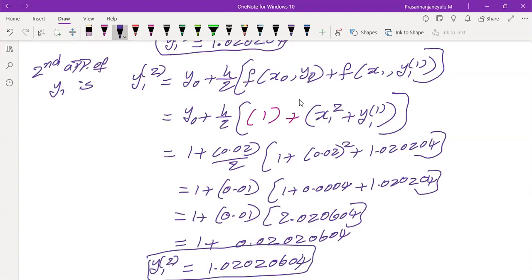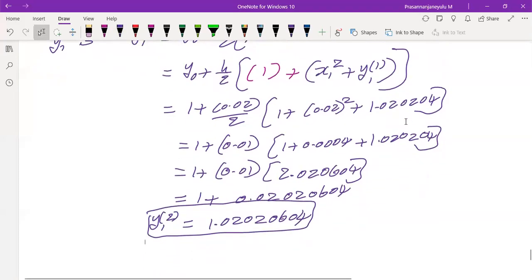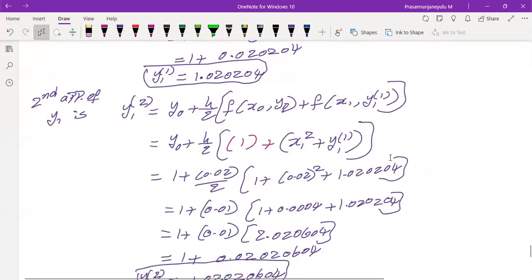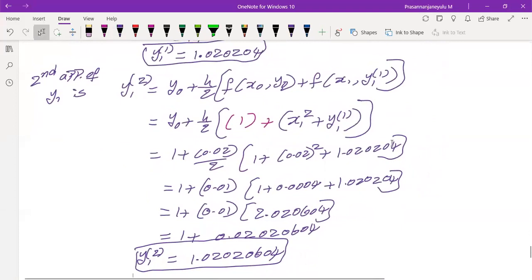Next, if you observe carefully, the first approximation of y1 and second approximation of y1 are the same up to 5 decimal places; only one decimal place is different, the 6th decimal place.